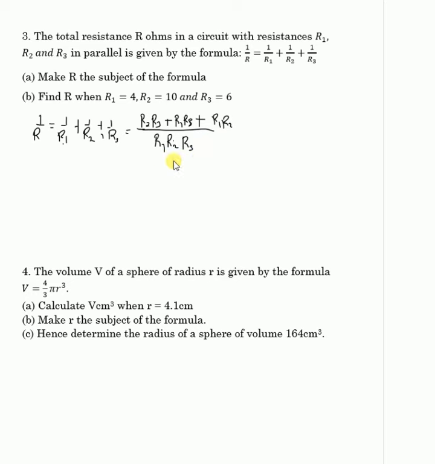That's what we have. And so we have that 1 over R is equal to R1 R2 plus R1 R3, it doesn't matter anyway, you can write using any order, plus R2 R3, all divided by R1 R2 R3.